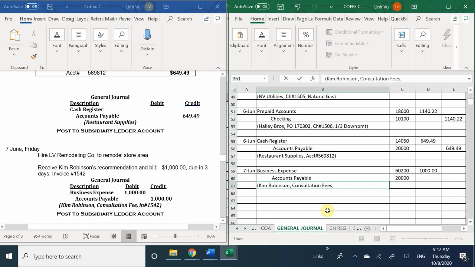And again, what was the invoice number? This was invoice number 1542. And your journal is complete. Wait, I still forgot to put in my credit for the $1,000.